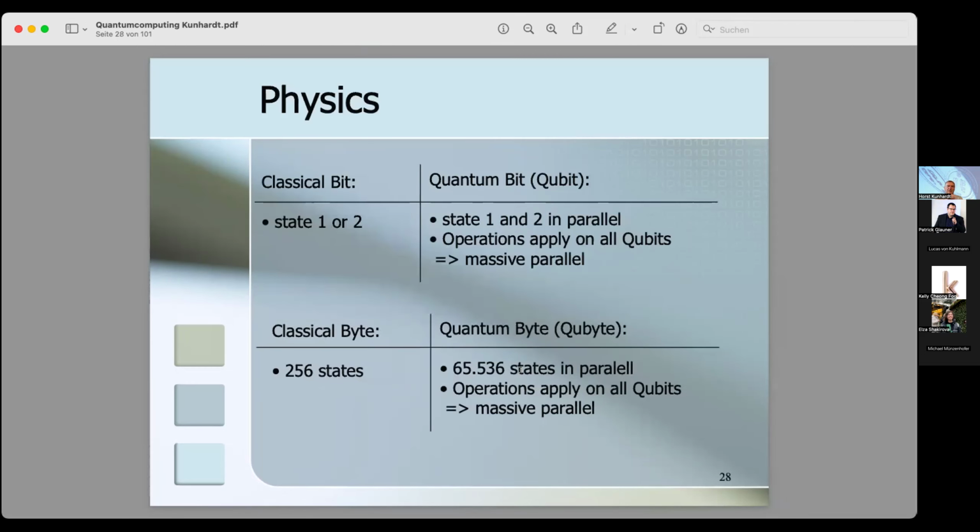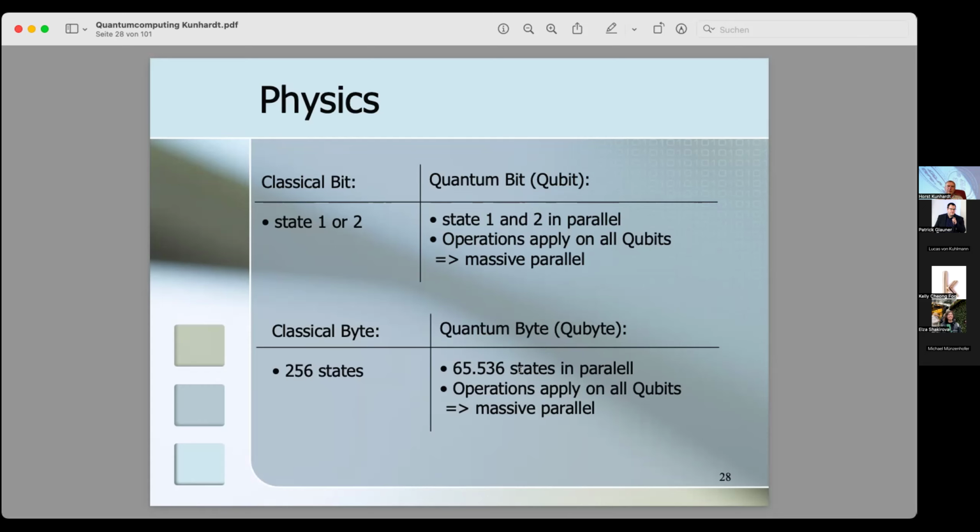So let's go a bit back to real physics. So in the classical world or in the quantum world, there are differences between a classical bit and a qubit, a quantum bit. So the abbreviation of a quantum bit is a qubit. And we will use the term during the lecture. And we use this massive parallelism in the quantum world.